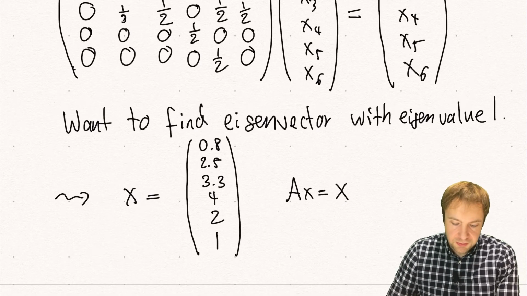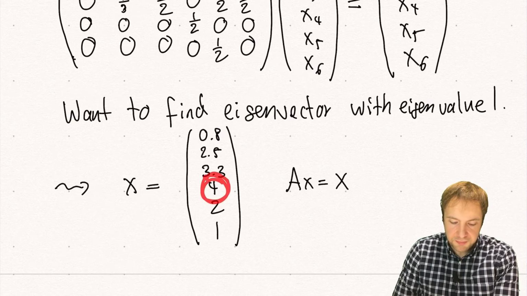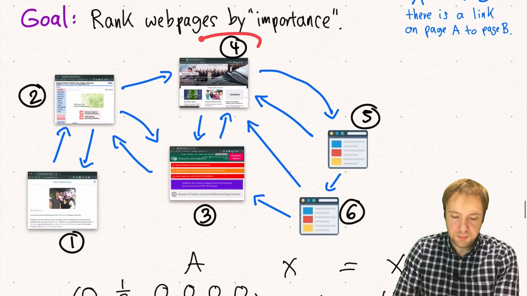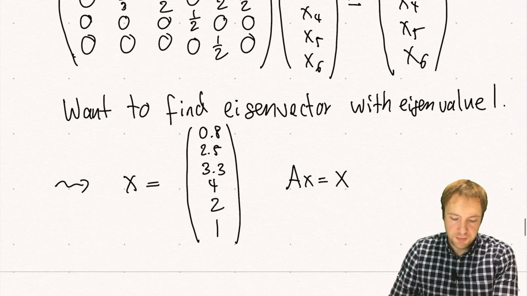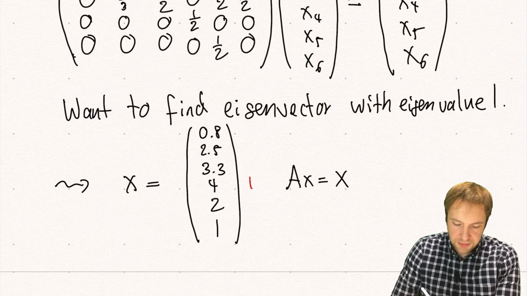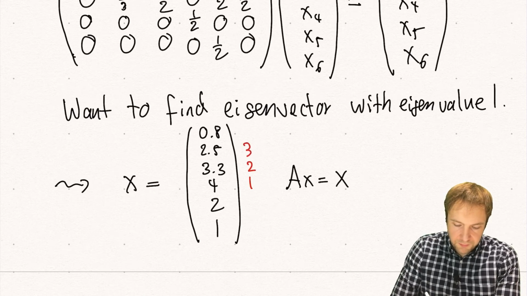So what do we see here? We see that page number 4 has the highest importance, and therefore this one here, if you search for Nagoya, should be on top. So let's say here this is number 1. The second largest number here is this one, page number 3. And then we have page number 2, page number 4, page number 5.